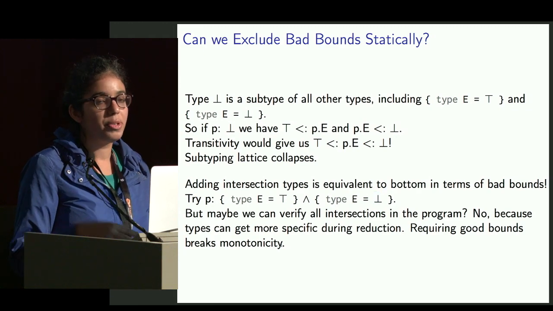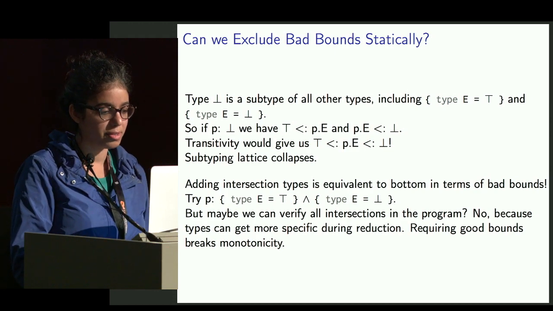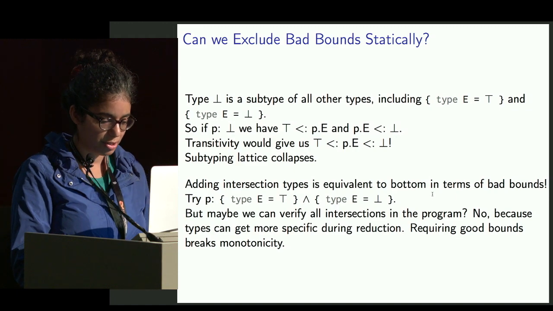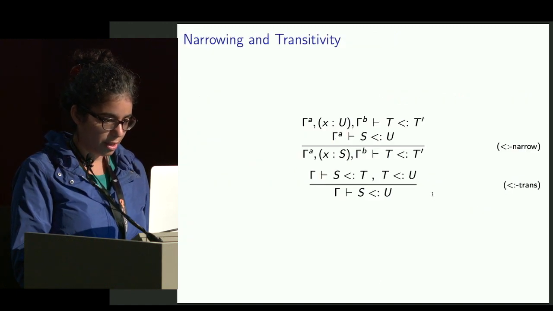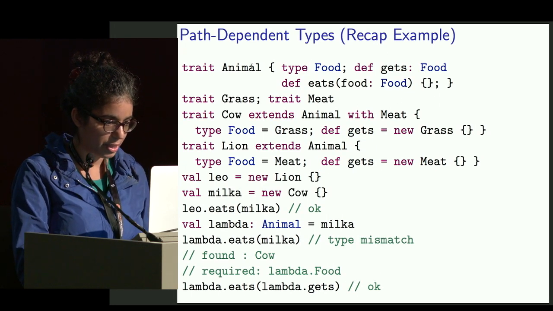Then maybe you can do it by verifying all intersections in the program. That's also not possible, because as types get more precise, you also have problems. Just to give an intuition on this, before I get to these rules, I wanted to give a small example with animals.